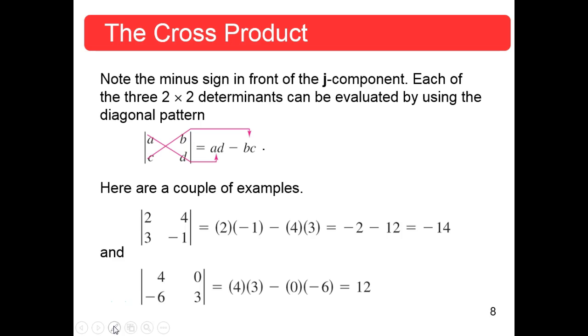But then the up one, you negate, negative what? 12. 12, yes. And -2 minus 12 is -14. There it is, right? This one would be what? 12, you got it, because 0 times anything is 0. Yeah. Good.